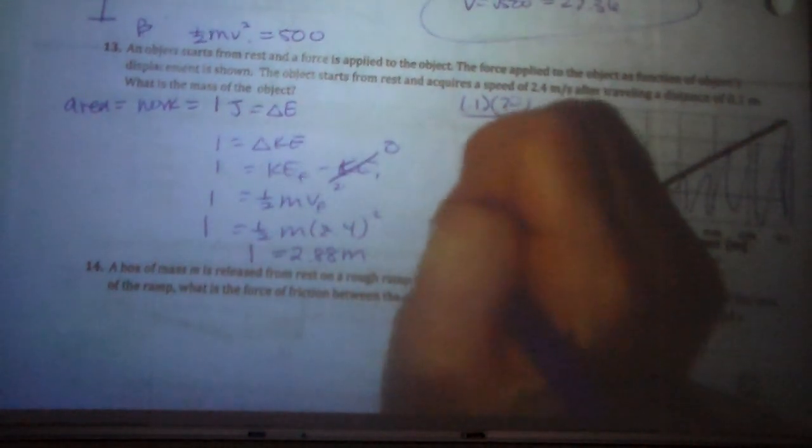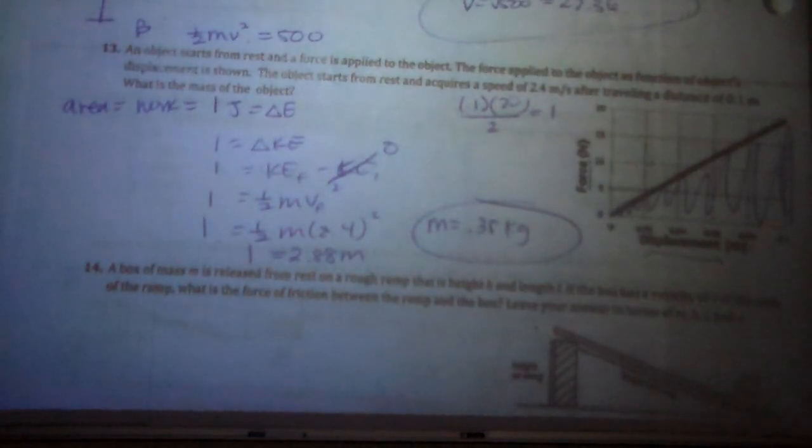And then that is a number. This is 2.88 m. Divide over, you get a mass of 0.35 kilograms. So the key thing there: my area represents my work done. My work done is just the change in the energy. And then once I have my change in the energy, that's just my change in kinetic, and then plug in from there.